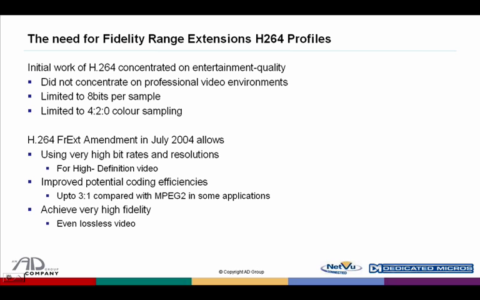It was also possible with the Fidelity range extensions to achieve even lossless video, going to very high bandwidths and so on. So that defines really where the Fidelity range extensions came from and the requirements of the applications they fulfill.